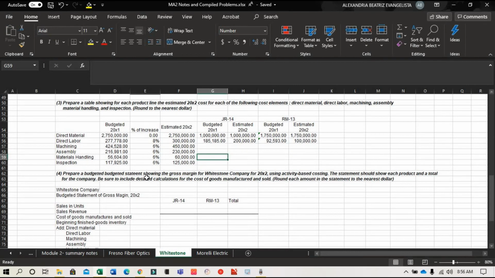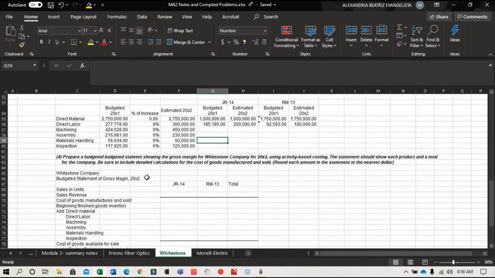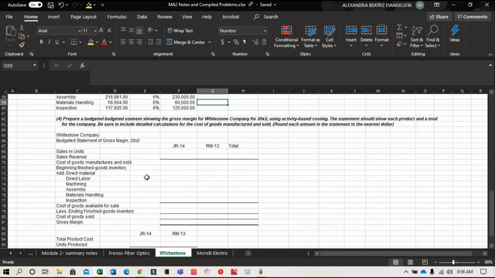Okay, now let us try to answer problem number 4. Prepare a budgeted statement showing gross margin for Whitestone Company for 20x2 using activity-based costing. The statement should show each product and a total for the company.